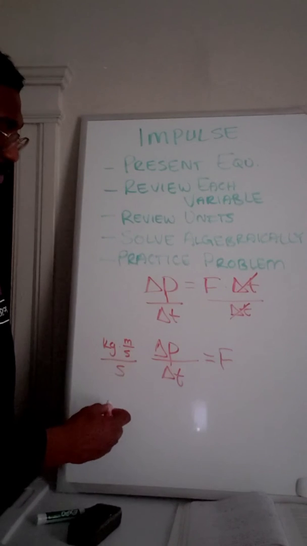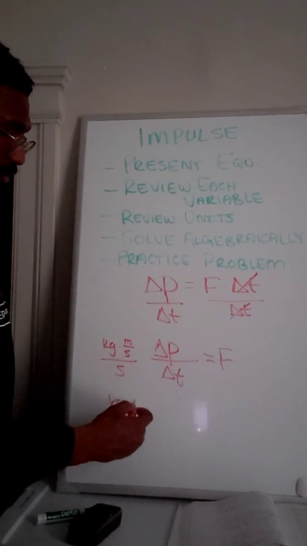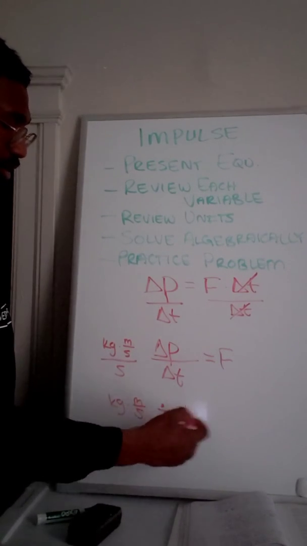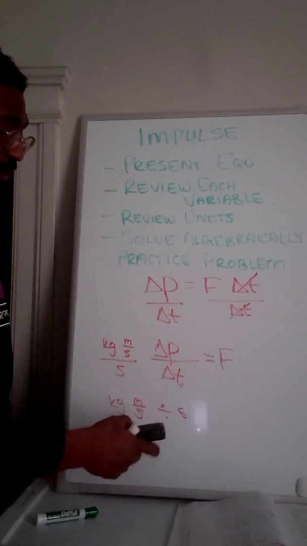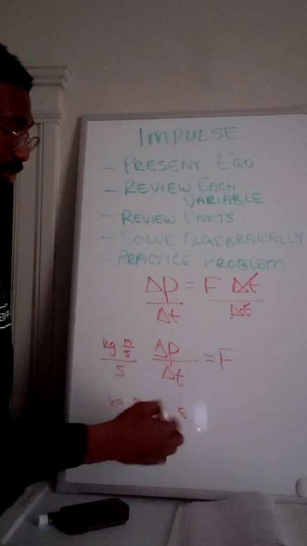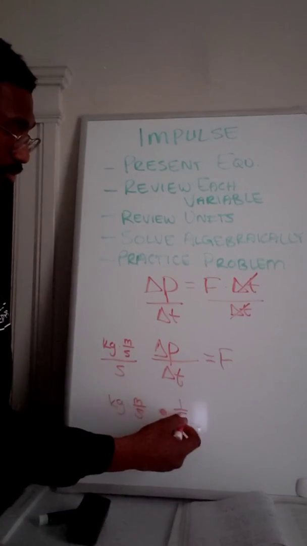That second, if we use the keep change flip rule, it's going to be kilograms times meters over second divided by seconds. Keep change flip rule says I keep this, I change my sign from division to multiplication, and then I flip my units. So instead of seconds, it'll be 1 over s.